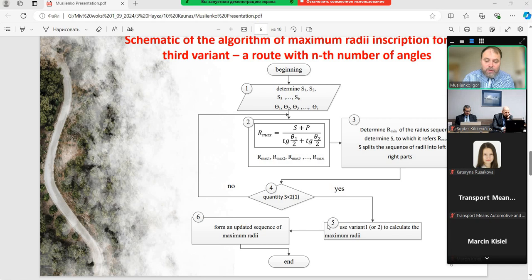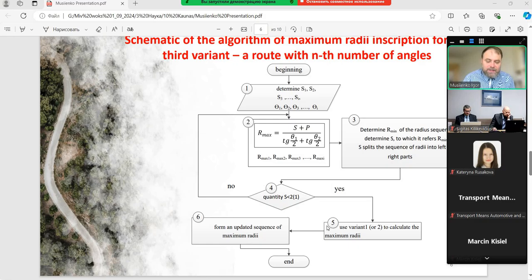The third variant, a route with an n-th number of angles, because in real life we use many angles. We can implement it with this algorithm scheme, which is as follows.